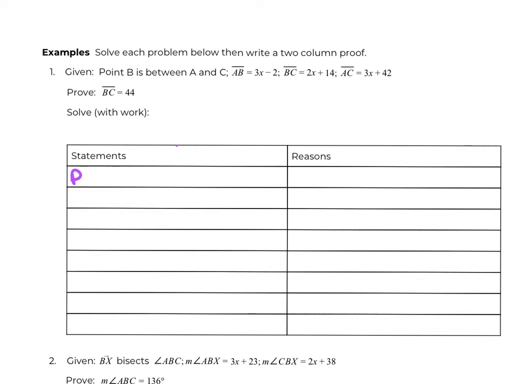I'm probably not going to be able to write all of that on there, so if it's a test or something, write all of it. But for today, you can do, so point B is between A and C. I want to put dot, dot, dot, which just means and so forth, okay? Reason is given.